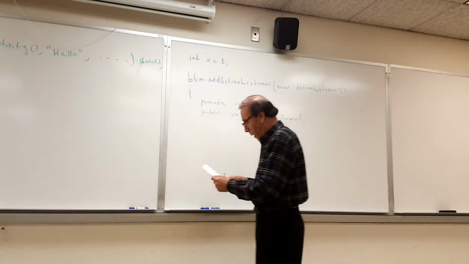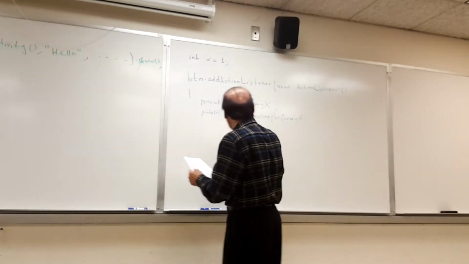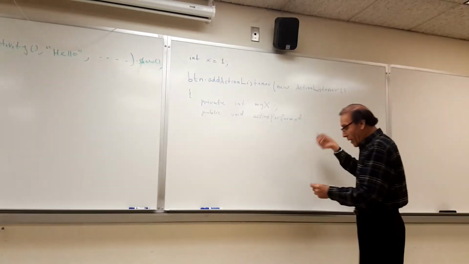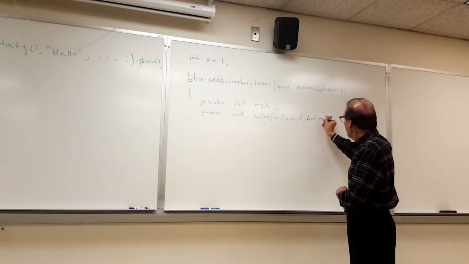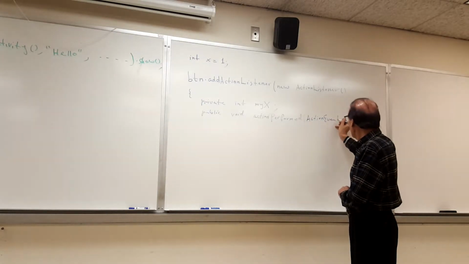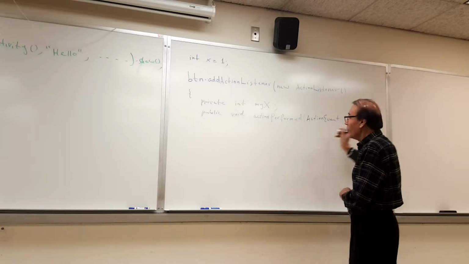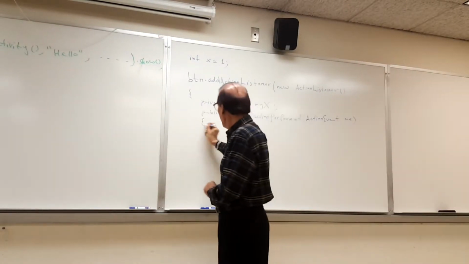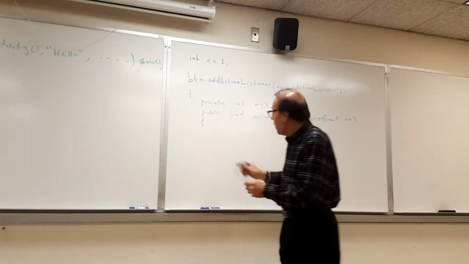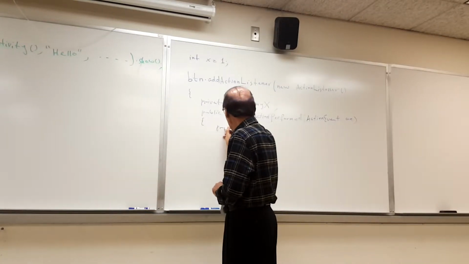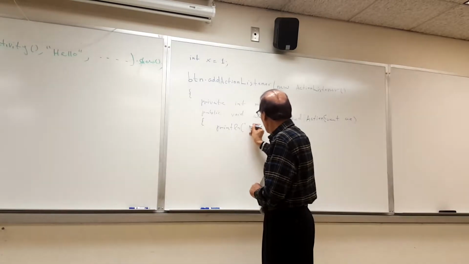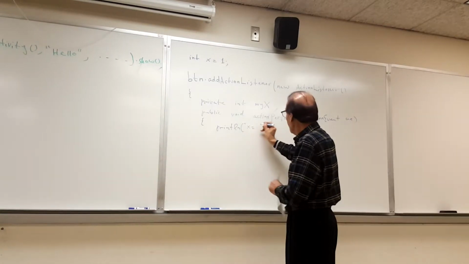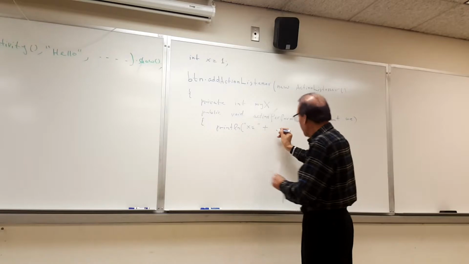So let's change the color. Now, the argument is, of course, action event, ActionEvent AE. Okay, and now I'm going to say println "x equal" plus x.